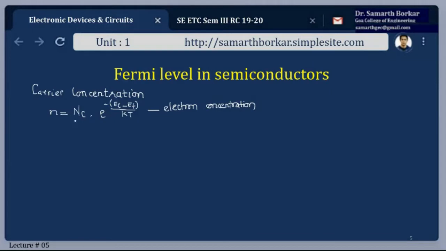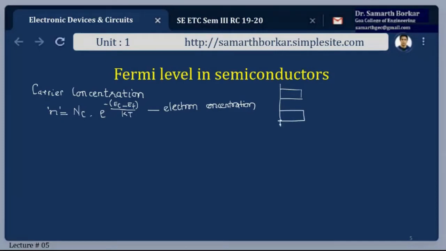Now, what it says, this number of electrons, denoted as n, depends upon the number of energy states, the energy density of states, into e to the power of this factor. Now, let me recollect this.